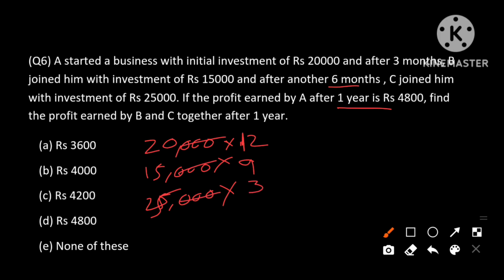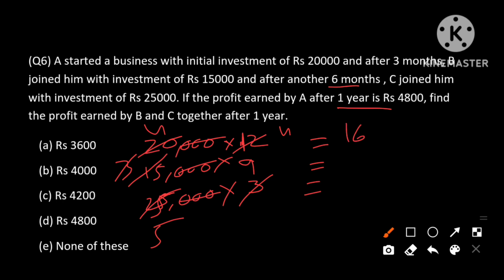000 cancels. 5 times 4, 5 times 3, 5 times 5, 3 times 3 and 3 times 4. So what we have, the ratio is 4 times 4 is 16, here 9, and here we are left with 5. Now it says that if the profit earned by A after 1 year is 4800, talking about 16 parts, the value will be 4800.